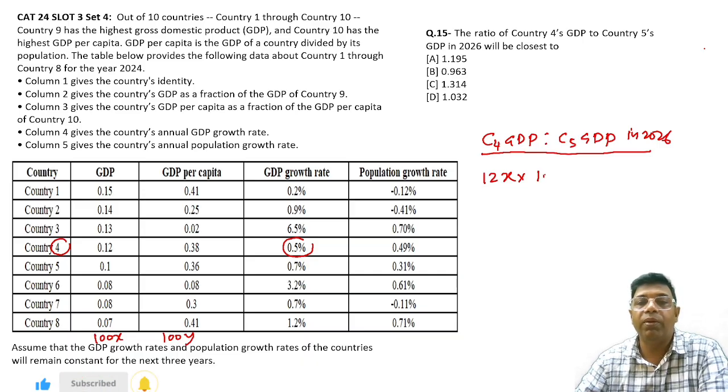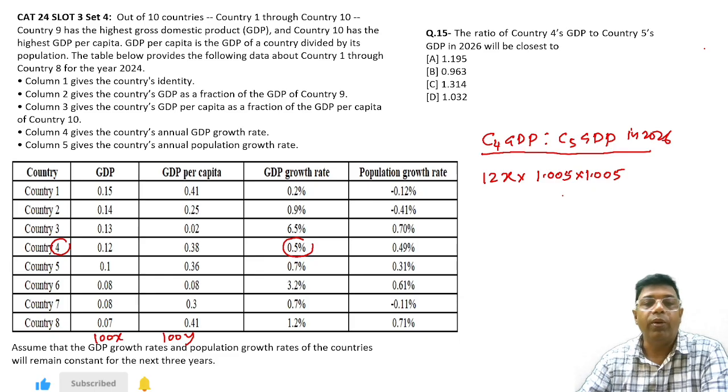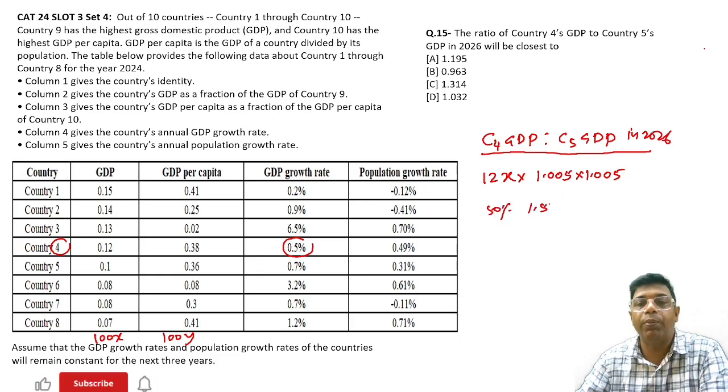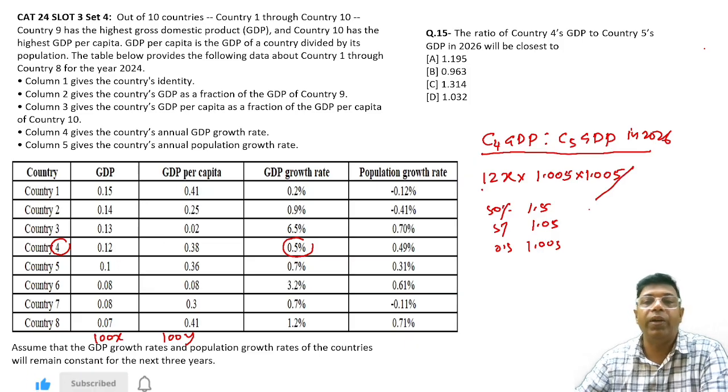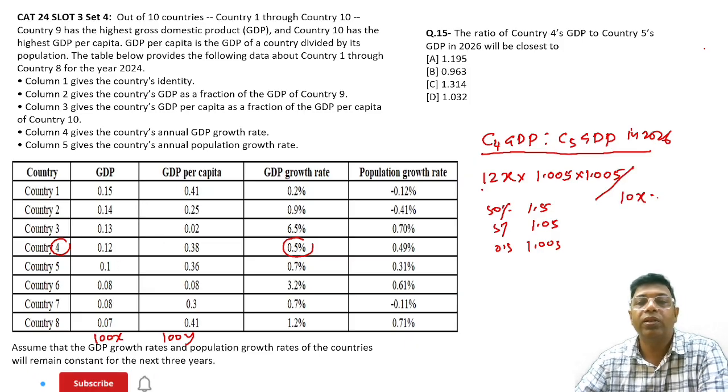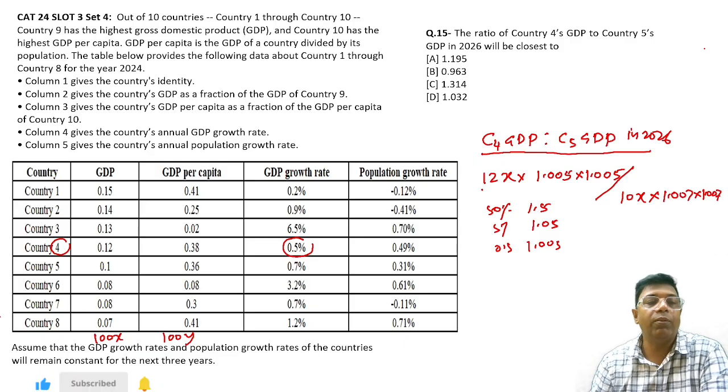So I would multiply by 1.005 into 1.005, because if a value increases by 50%, I multiply by 1.5, for 5% I multiply by 1.05, for 0.5% by 1.005. So this is the GDP in 2026 for country 4. Similarly, I can calculate the GDP of country 5, that is 10x, and growth is by 1.007 into 1.007. So primarily the data that I'm going to get is this.